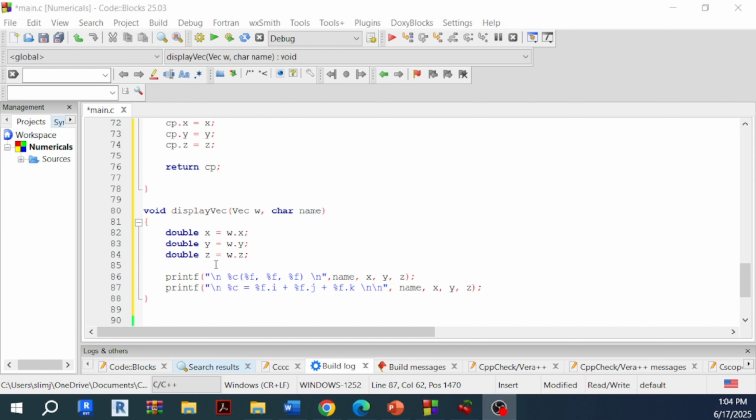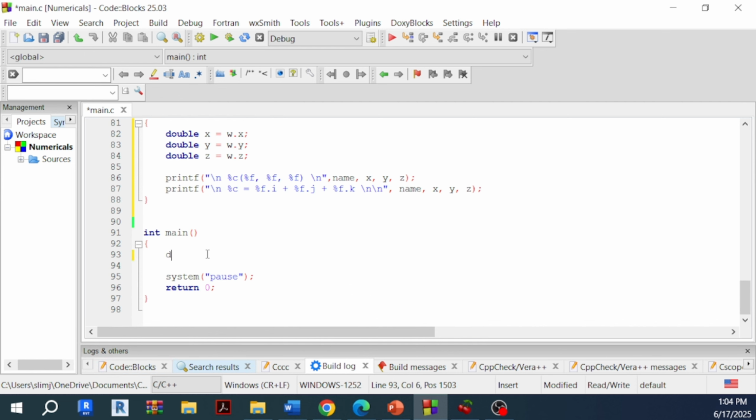Now let's run it through main. At first, let's declare two vectors. u of size 3 is equal to 3, 2. Double v, the second vector, also 3 values for simplicity, choosing small values, 1, 0, 1.